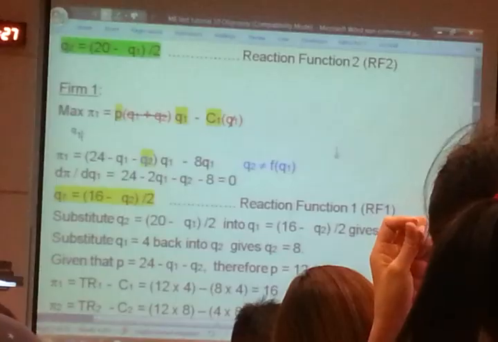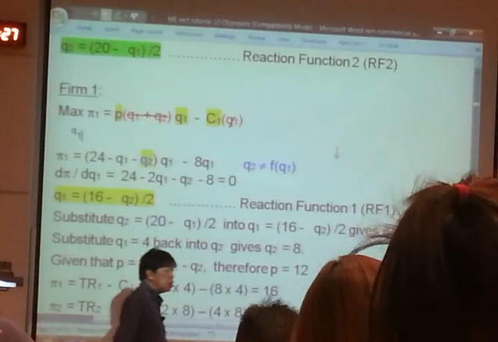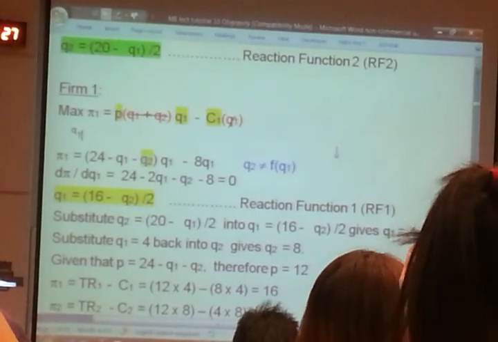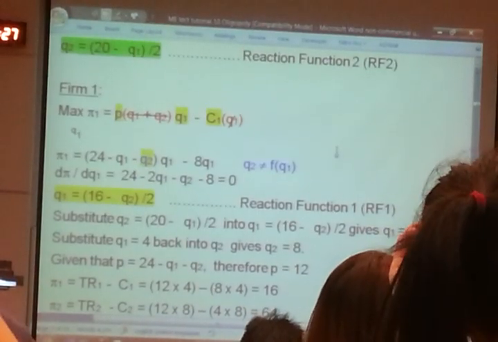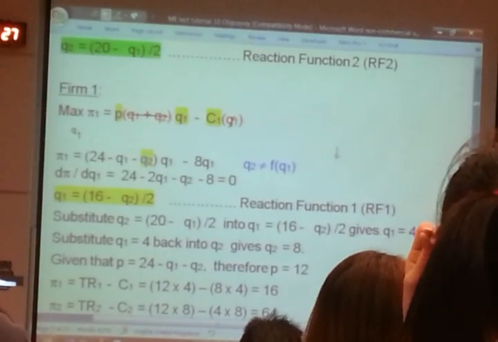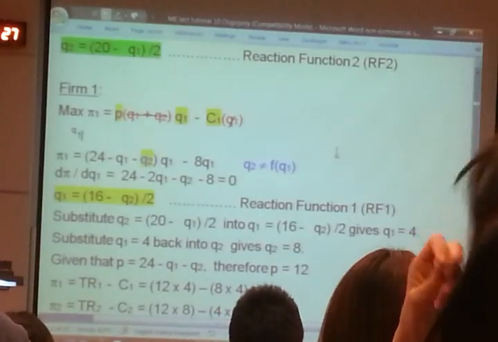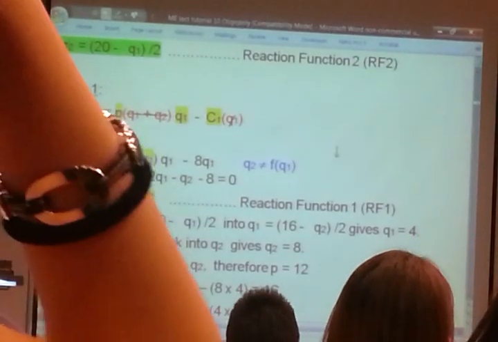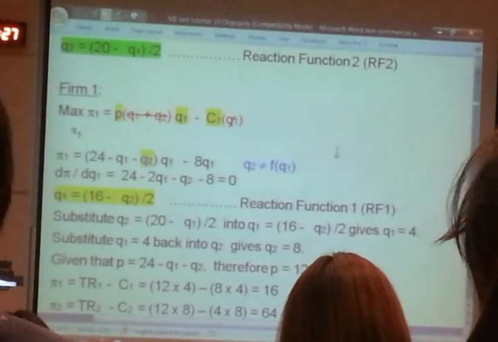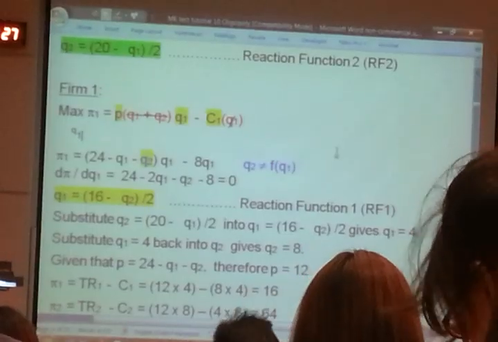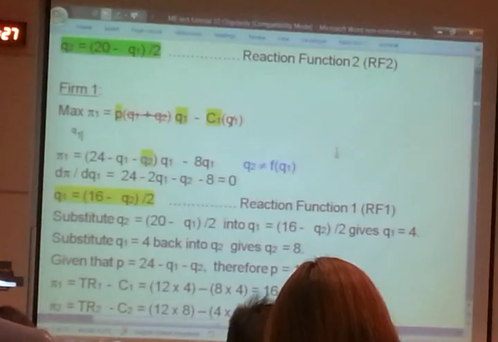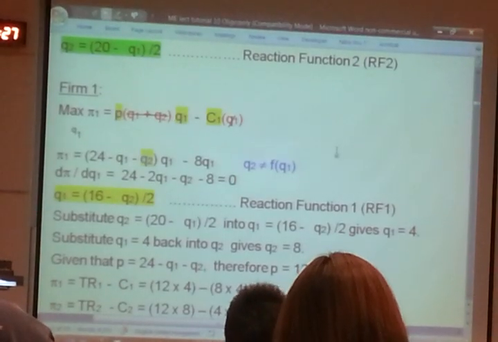Since P is given as this, for firm 1 the average cost is 8, times Q1. So you need d pi over d Q1 only. Now remember, for the Stackelberg firm, this Q2 you must write as well, since Q2 is a function of Q1.